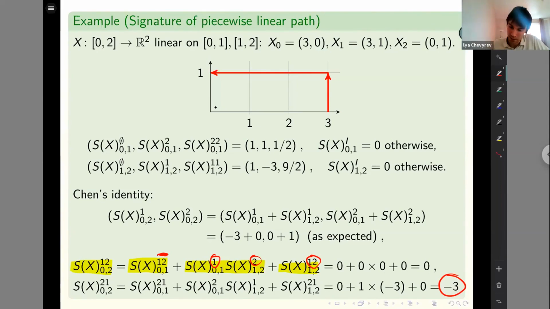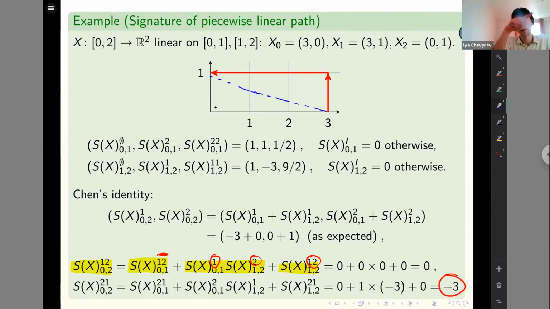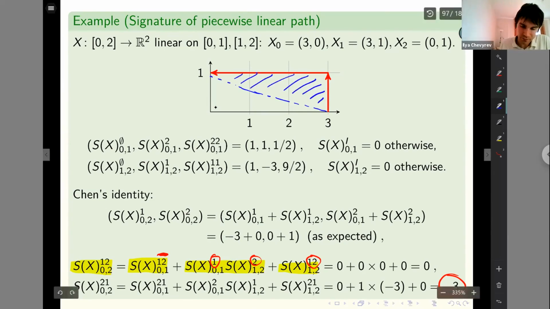If we looked at this path and connected the end with the beginning according to a straight line like this, this gives us a loop, and the loop encapsulates this area here in the counterclockwise direction.